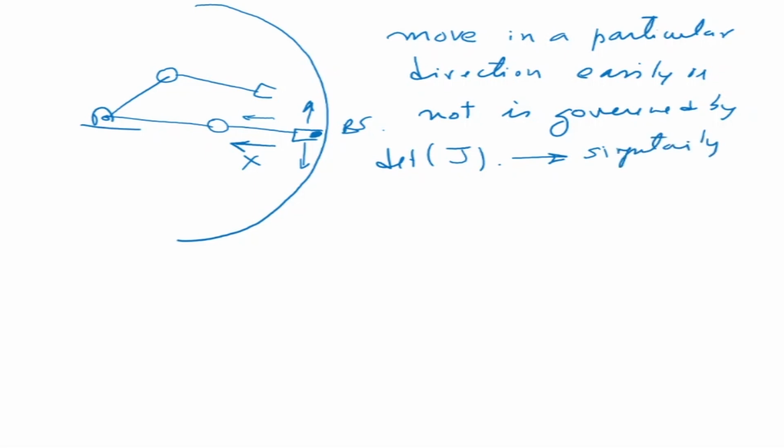These are all boundary singularities. When the manipulator comes there, it can move this way very easily, but it cannot move towards the center very easily. That means the ability to move in a particular direction is also governed by the singularity.